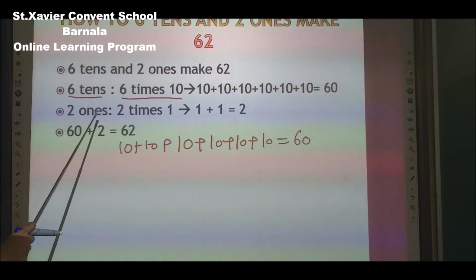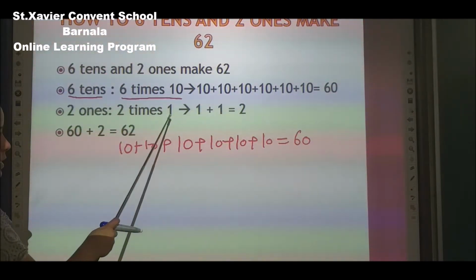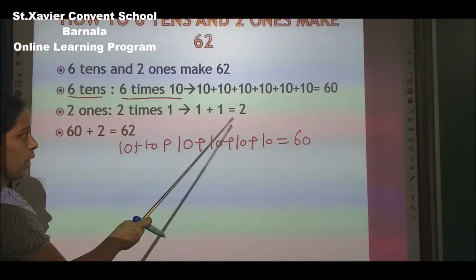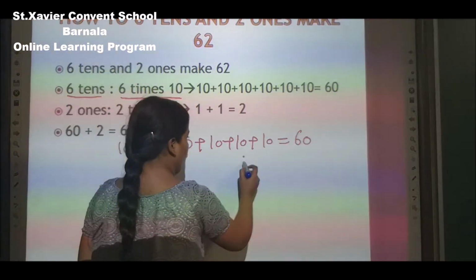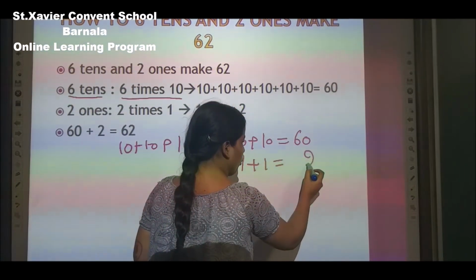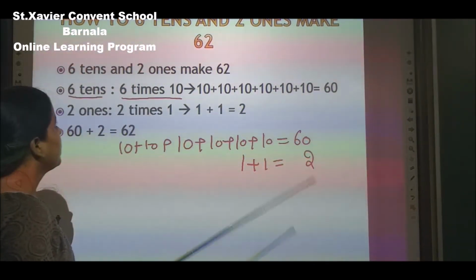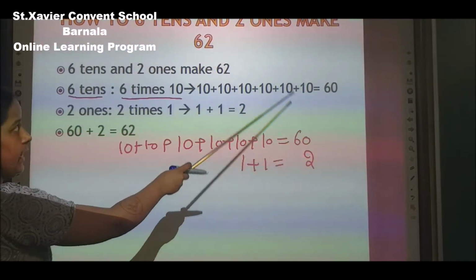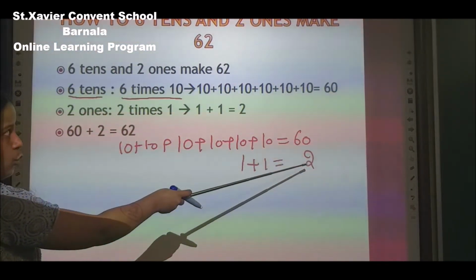After that, 2 ones: we add 1 two times. 1 plus 1 is equal to 2. So, 6 tens is equal to 60. 2 ones is equal to 2.